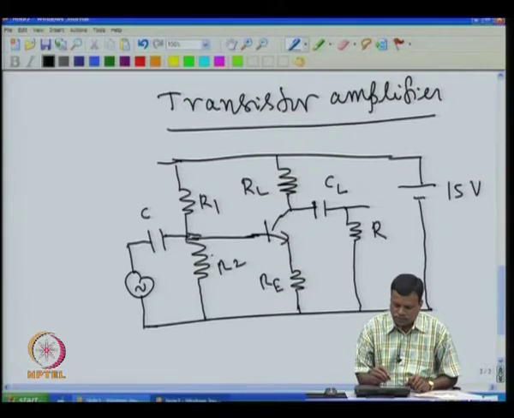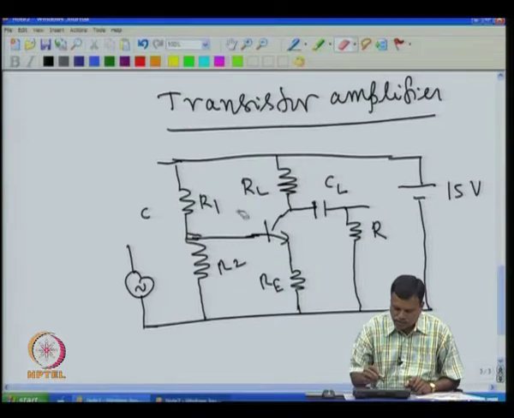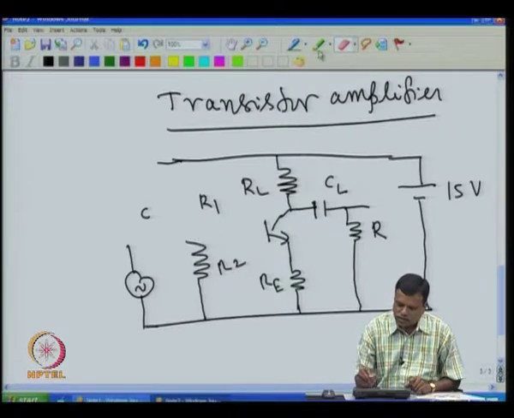For example, if I forget about this one, I remove this and then I remove this. Now, this is nothing but a voltage divider. So, depending upon the R1 value and R2 value, you will get a voltage at this point. Now, I will redraw this.